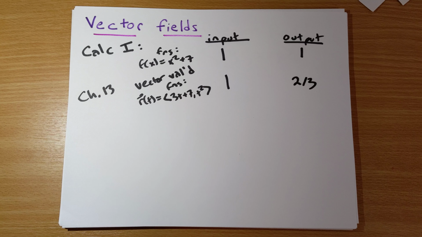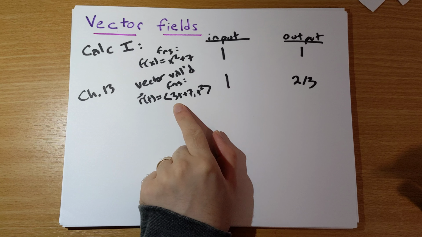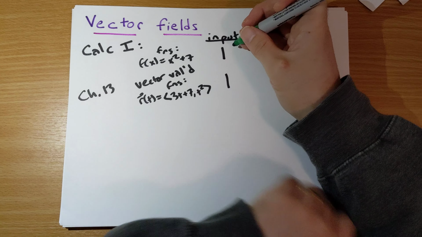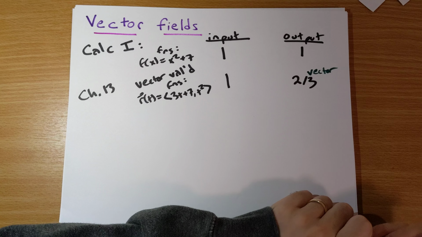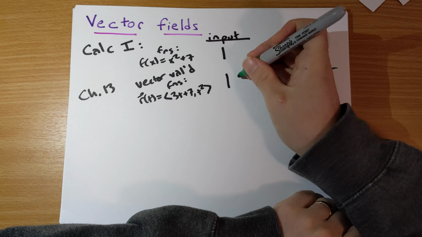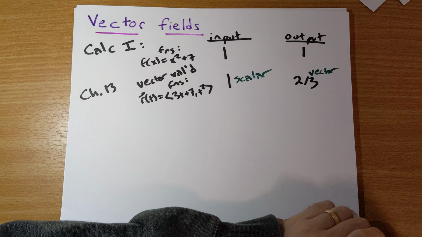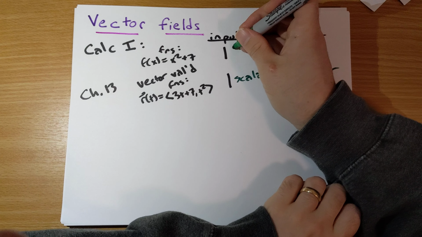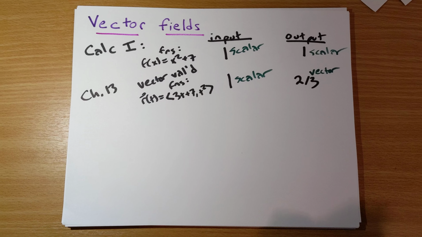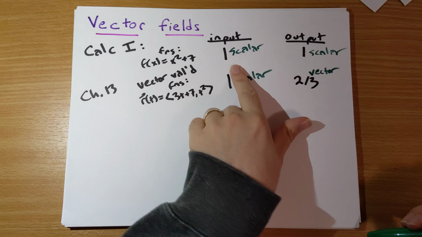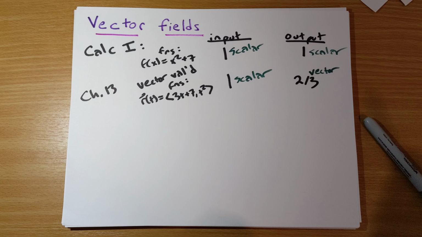And let me point out, you could say, oh, but the output is just a single entity. This output is a vector, and so perhaps a more mathematically precise way to say this is the input is a scalar, t, and the output is a vector. So in our Calc 1 chart, both of those are scalar input, scalar output. Now scalar input, vector output in chapter 13.